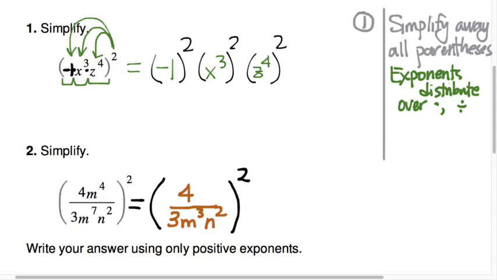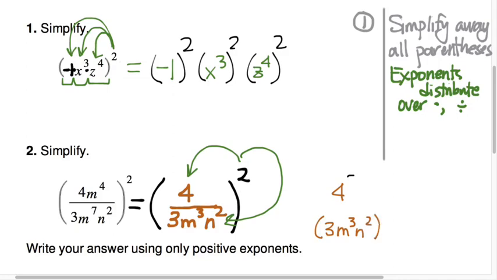So I'm going to do the same thing with that problem. So we're continuing to cut this problem down to size. We're going to apply that exponent to the 4 in the numerator, and then also to the entire quantity in the denominator. That exponent will apply here, and it'll apply there.